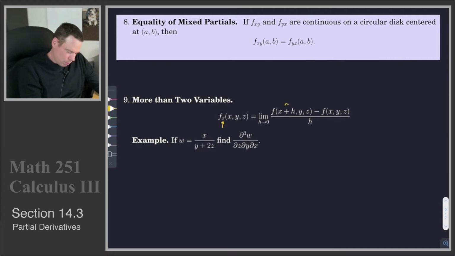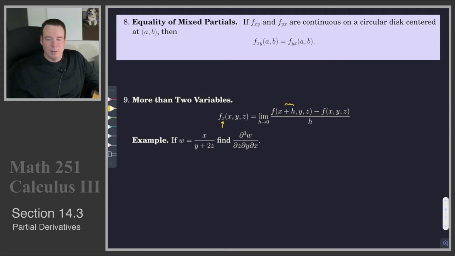Well, we just bump x up a little bit or down, so h can be positive or negative. We just move or change in the x direction a little bit and look at what happens with the difference in our function value at a given point f of x, y, z, and then a point a little bit away from that, f of x plus h, y, z. And then divide by h, look at what happens as the limit as h goes to 0. So the limit of this difference quotient, that is the x partial derivative.